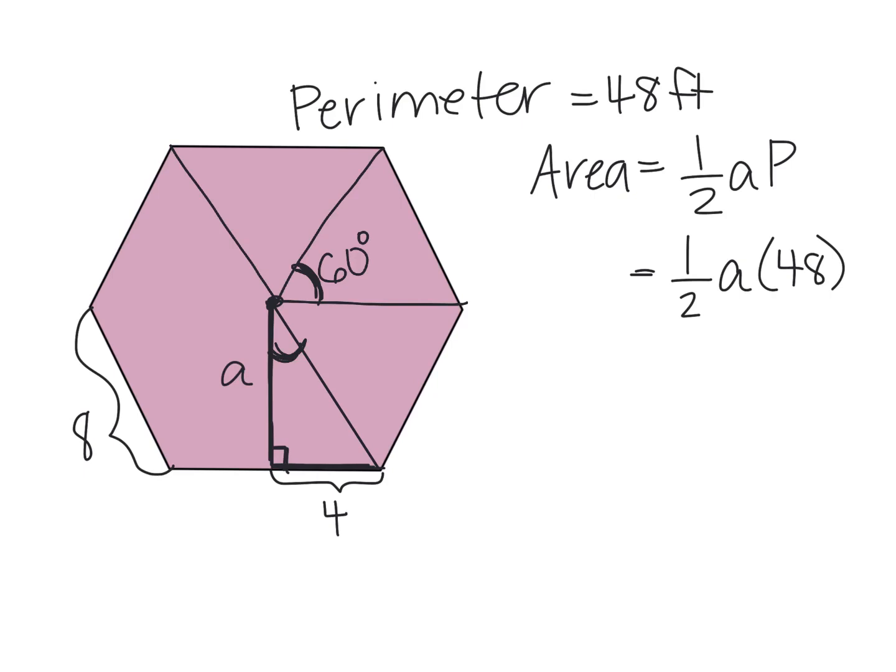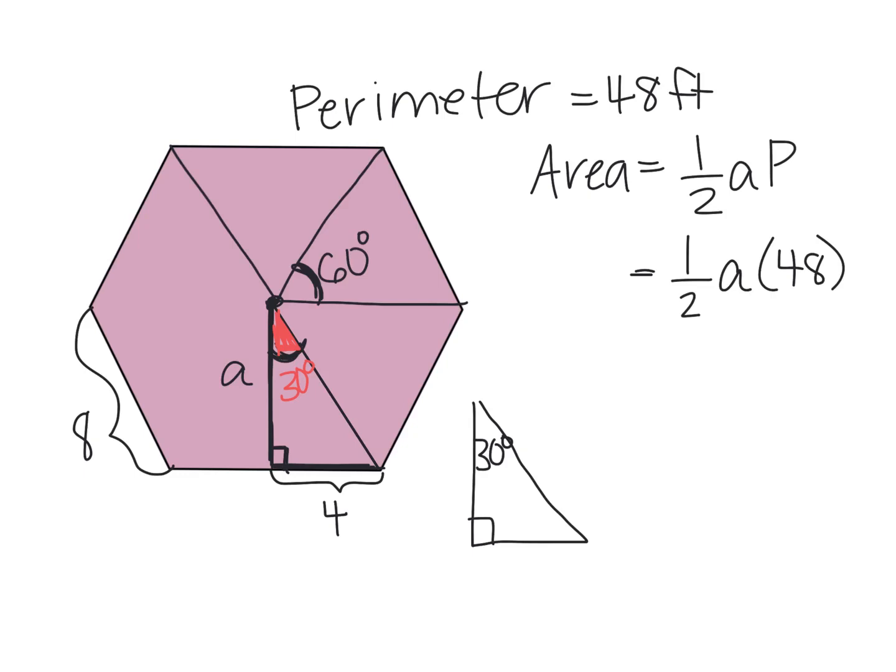That means for the one that I'm looking at right here, this angle, since we bisected my side, that is going to be an angle of 30 degrees. So now we're actually looking at a 30, 60, 90 right triangle.